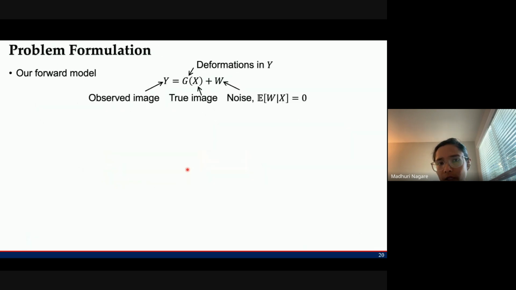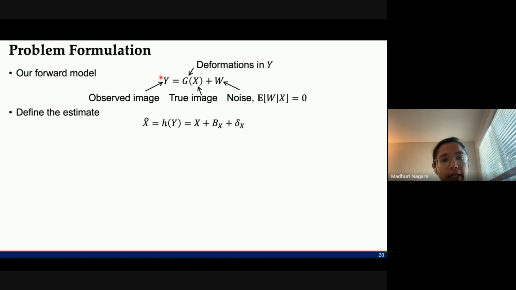So let's start with the problem formulation. This is our forward model. X is our true image and G of X is the deformation. For example, in a sharpening application, G of X could be blurring or a low pass filter. Then W is additive noise. So Y is our observed image.